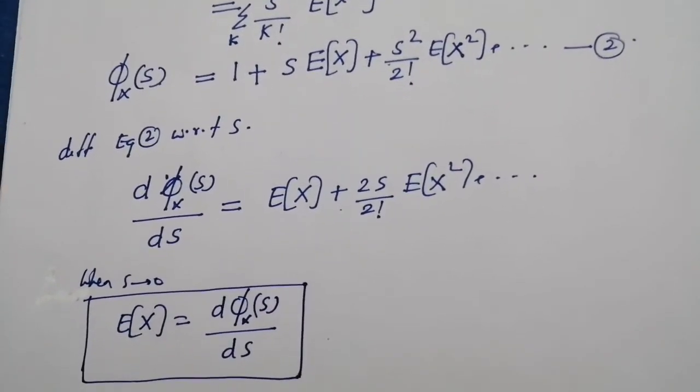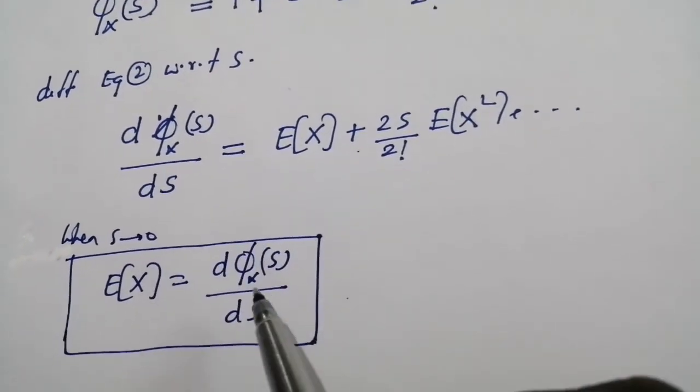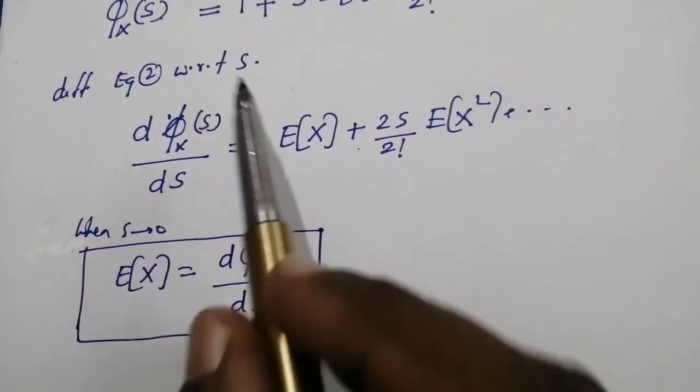That is, the mean, or first moment, is obtained by differentiating the moment generating function for the first time.